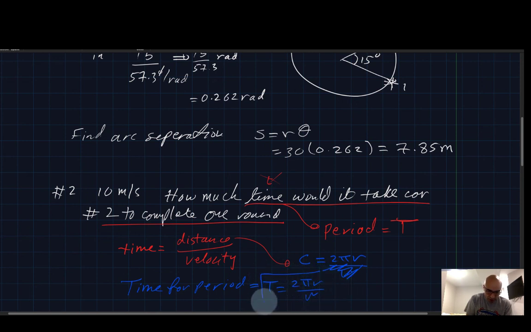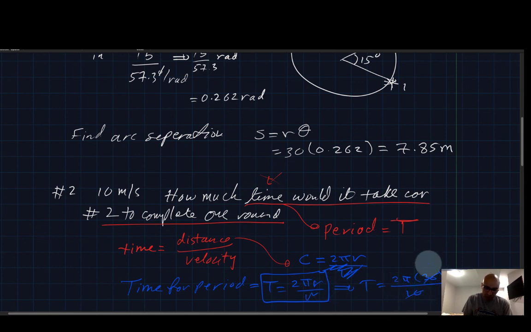And please also make sure you know this equation very well. 2 pi r divided by the velocity. And that's very good. Why? Because the period now we can find is equal to 2 pi times 30, which is the radius, divided by the velocity, which is 10.